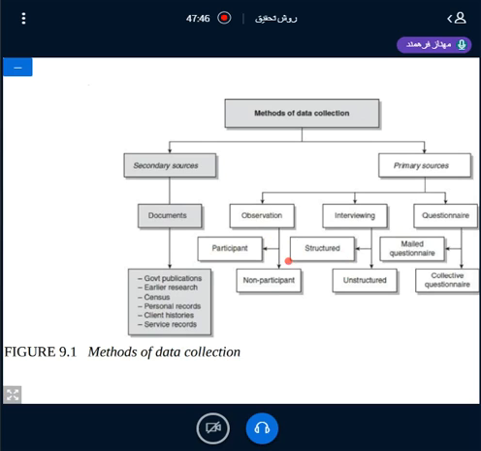Observation is participant and non-participant, and we are not going to study that either. The secondary sources are related to documents. The documents are secondary data, for example, publications, earlier research, personal records, and so on. So you can see the methods of data collection here.